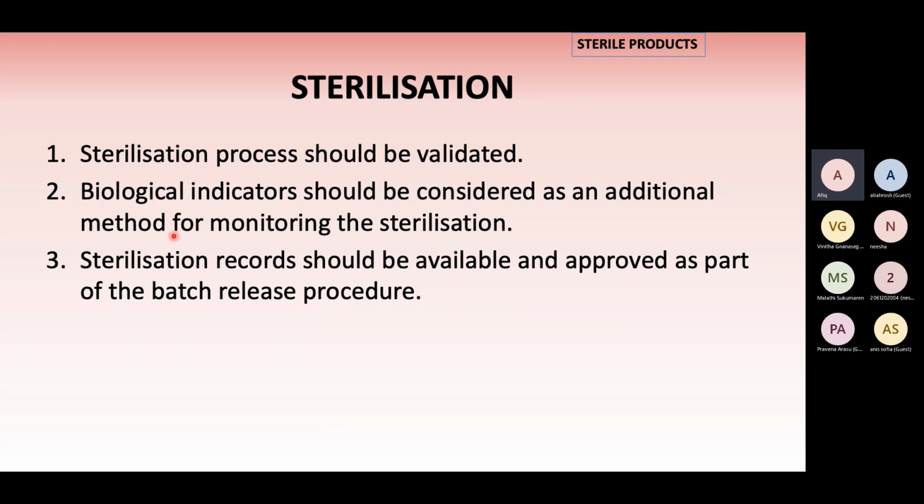If you see any contamination, that indicates failure in terms of sterilization, and the records must be available and approved as part of the batch release procedure. That means the sterilization record must be included as one of the documents or requirements needed for that batch to be released.